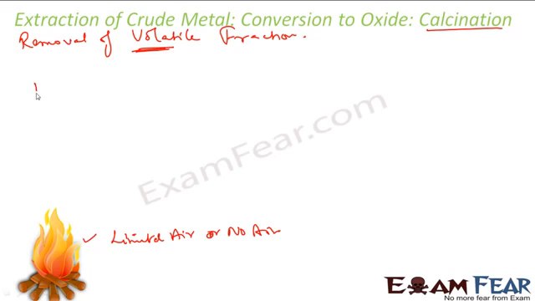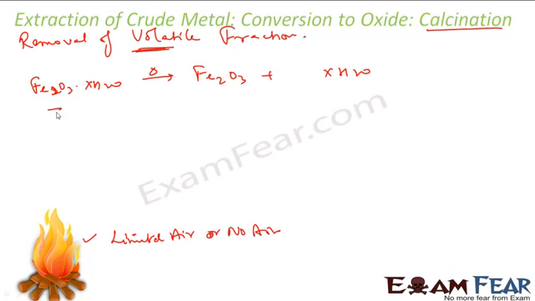For example, I have Fe2O3 with some water component in the ore. We heat it and you get Fe2O3, and the volatile component, that is water, escapes out.